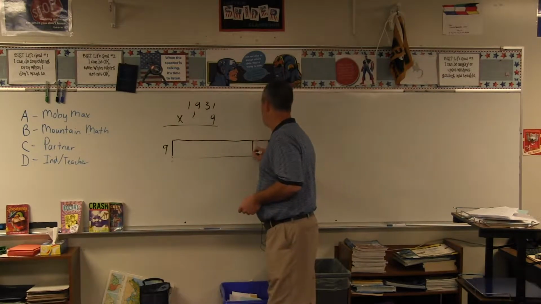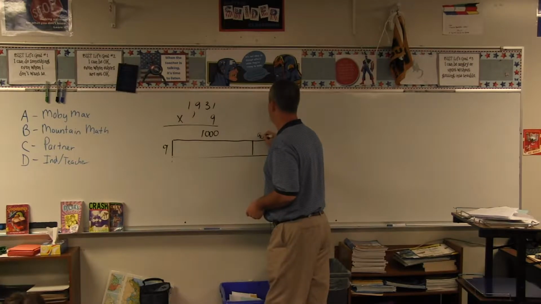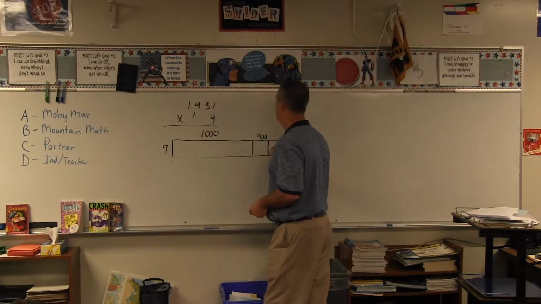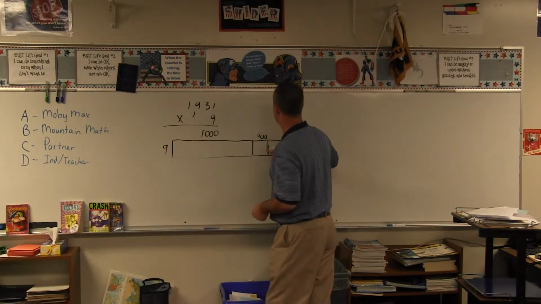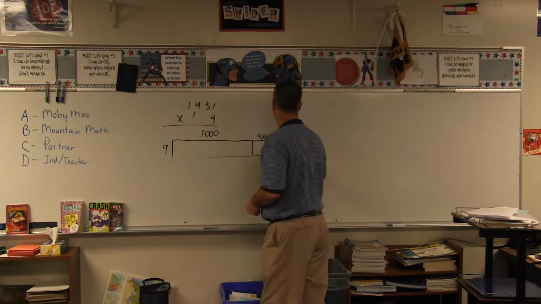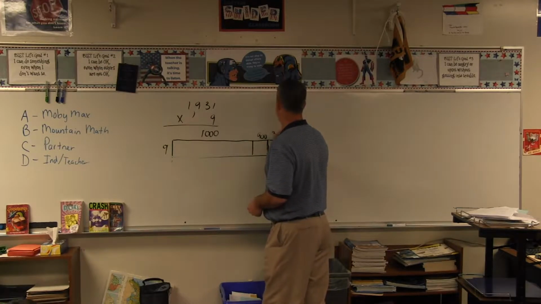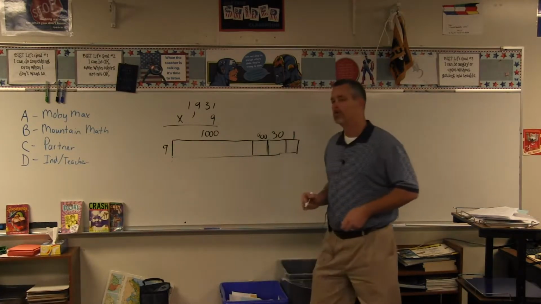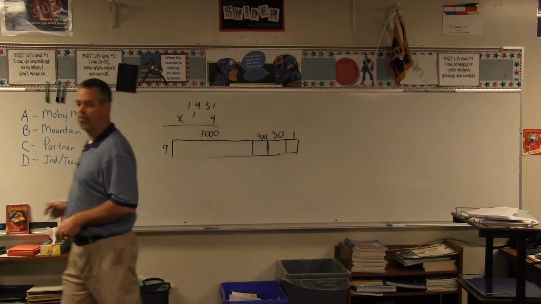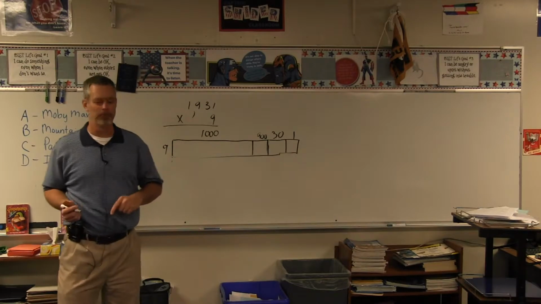It's going to be 1,900, and that scale is going to be all messed up. I'm going to extend out a little bit to help us out. And 30 and 1. So what we're doing is we're decomposing the top number into place value. And we're drawing a rectangle that's going to help us to use as a model.